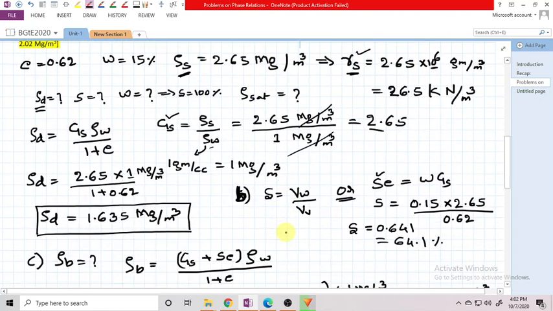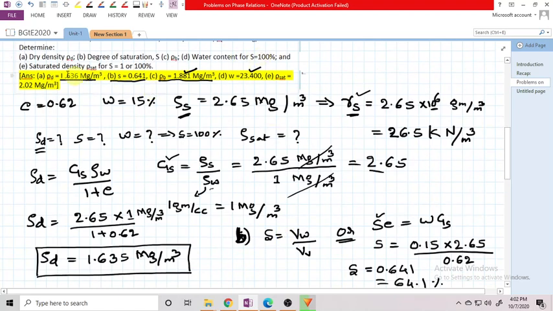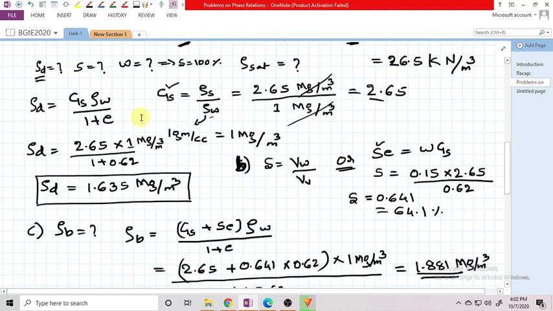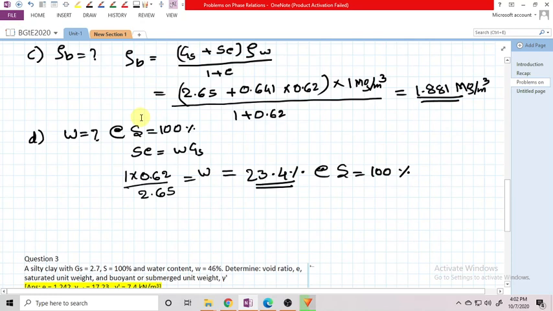They are also asking for the saturated density. So let me write that formula also. rho sat equals (Gs + e) times density of water divided by (1 + e).